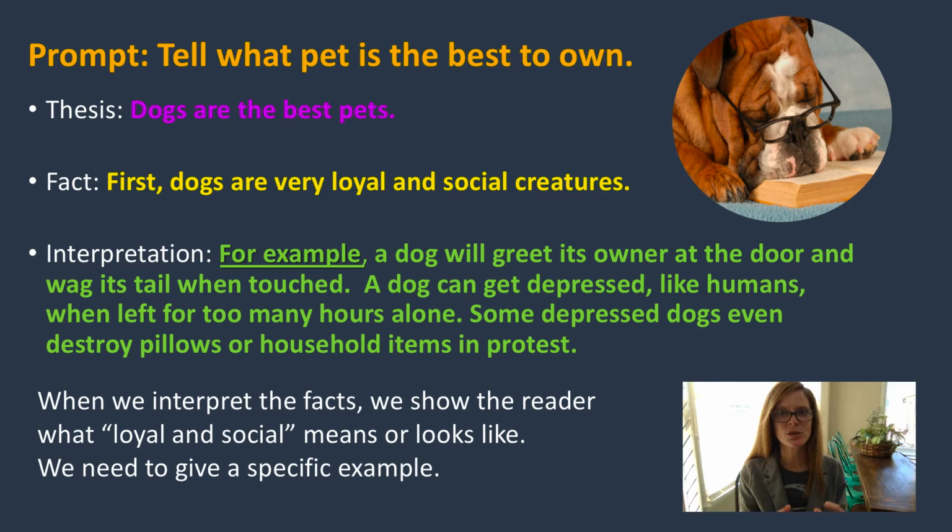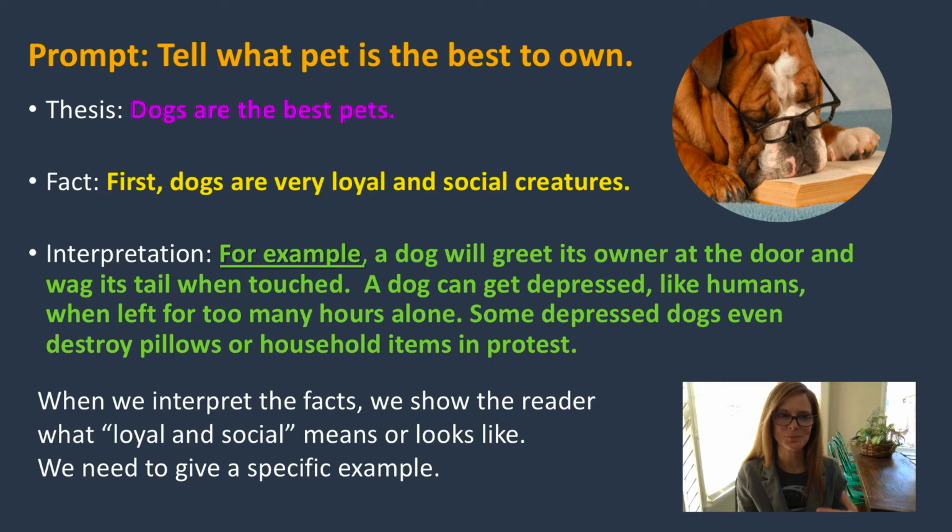And then now you need to show the reader what loyal and social means. You can say that, but it's not enough. You have to take that fact and expand on it with a detail that creates a picture in the mind of the reader of what loyal and social is.